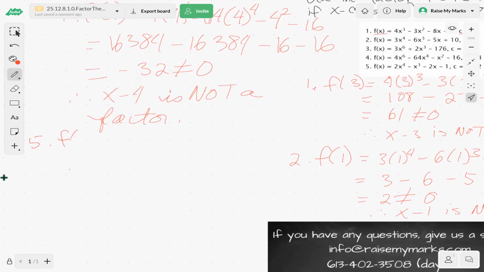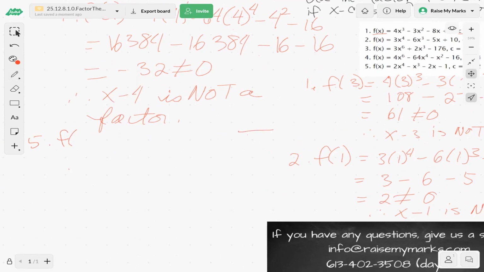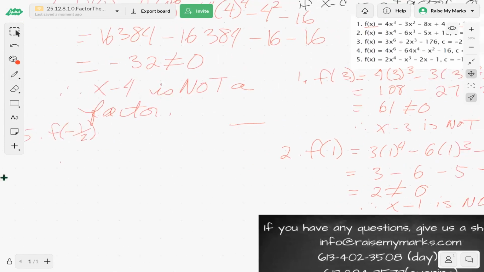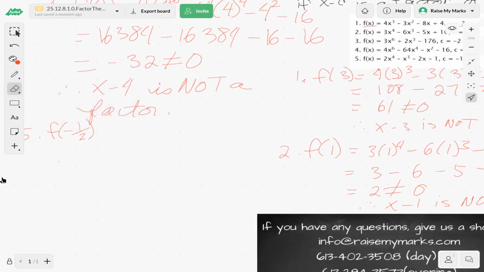So we need to evaluate our function f at c equals negative a half, at negative 1/2. So if we do that, what do we get? We get 2 times negative 1/2 raised to the power 4 minus negative 1/2 cubed minus 2 times negative 1/2 minus 1.